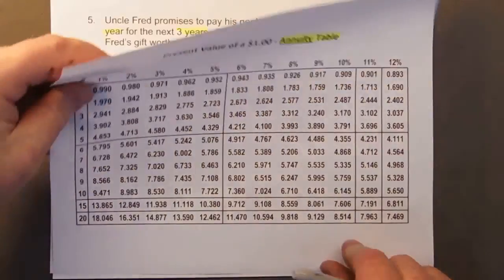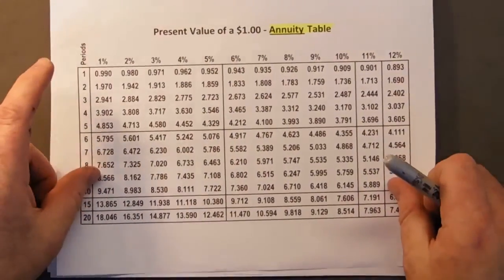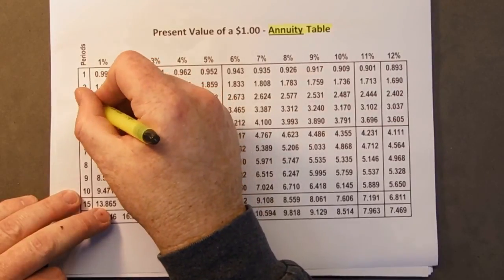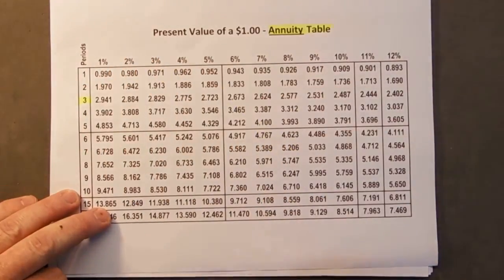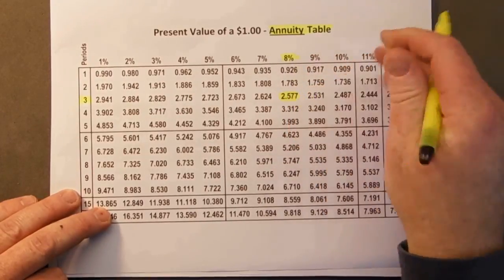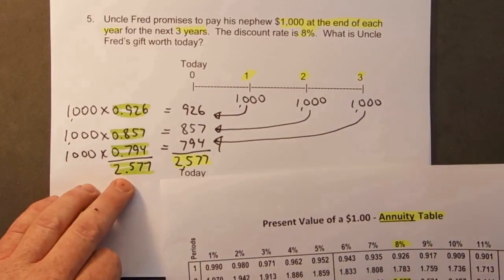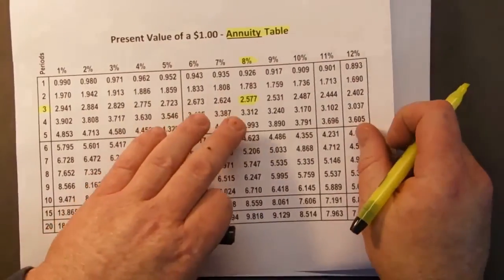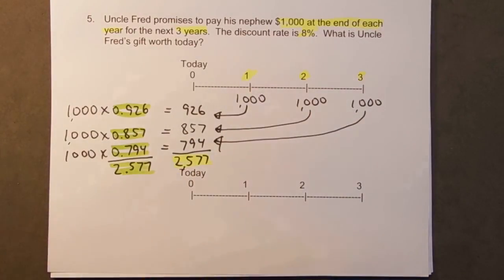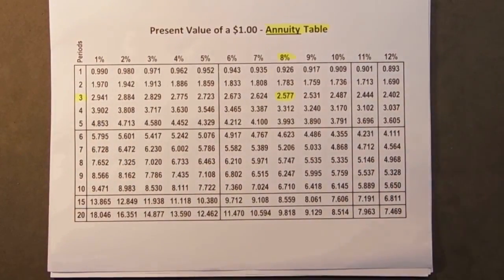And you'll notice that our factor of 8% for a 3-year annuity was the 2.577. So that's how they got this annuity table. That's how they made this table, is adding up those single payment tables and saying, okay, if it's an annuity, we can just multiply it once.